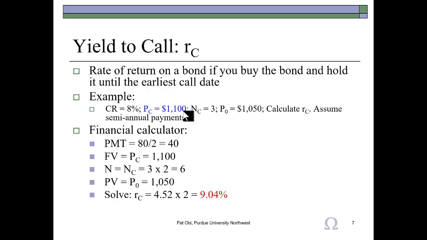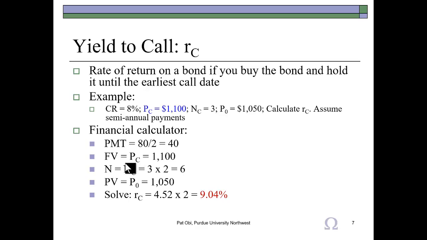So now let's assume just for fun that this bond is currently selling at a premium $1,050, and we wish to calculate what your rate of return would be if you purchased this bond for $1,050, hold this bond for 3 years, and then the bond is called so that you receive $1,100 for each bond. So again, assuming semi-annual payments, you're going to be getting 40 bucks every 6 months.